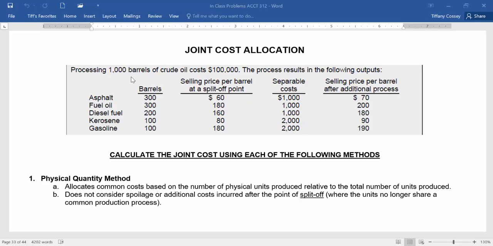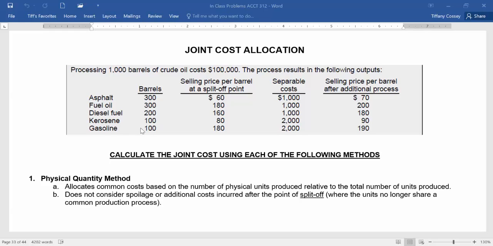In this problem, we have 1,000 barrels of crude oil, and those are going to be processed using the same method up to the split off point. And so when we make our different products, we're going to use 300 barrels that eventually turn into asphalt, 300 barrels that eventually turn into fuel oil, 200 that eventually turn into diesel fuel, 100 that turn into kerosene, and another 100 that turn into gasoline.